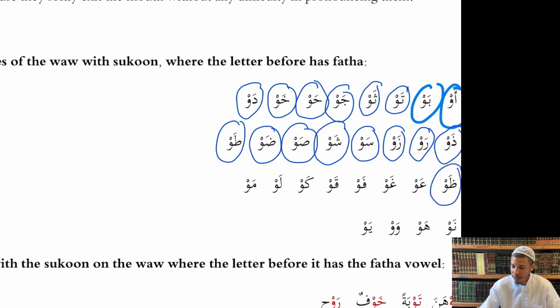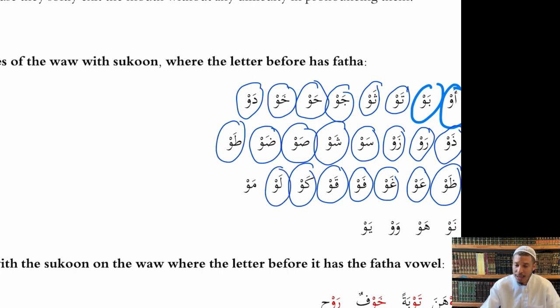Thou. Ow. Gow. Fow. Ow. Cow. Kaf is very light, always remember. Low. Mow. No. How. Wow.